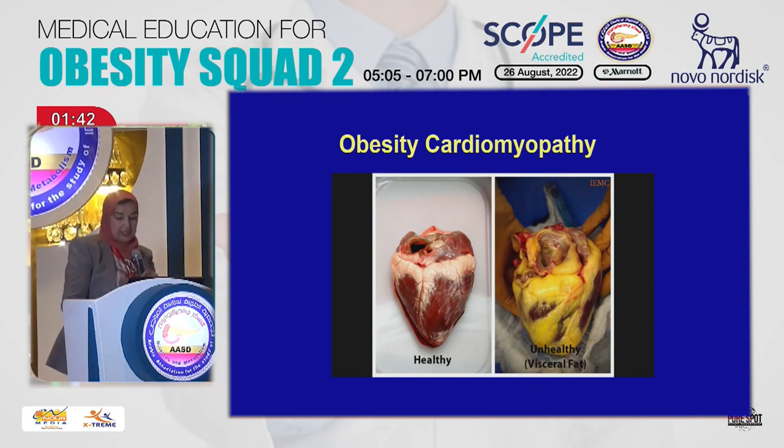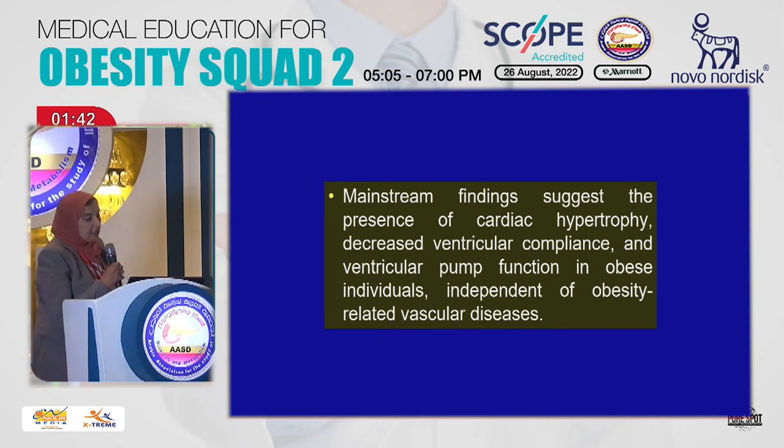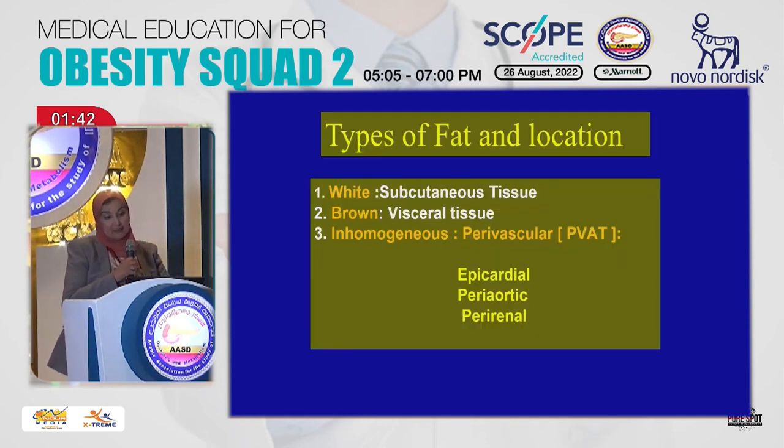It has an important impact on cardiovascular disease, and the mainstream findings suggest the presence of cardiac hypertrophy, decreased vascular compliance and ventricular pump function in obese individuals, independent of obesity-related vascular disease. So this is a really very important item.